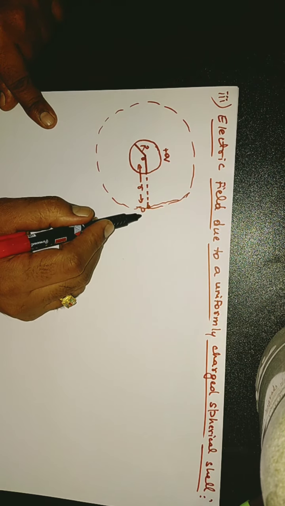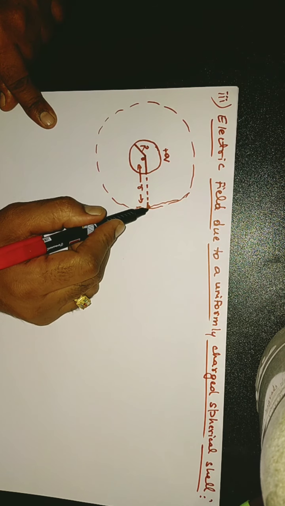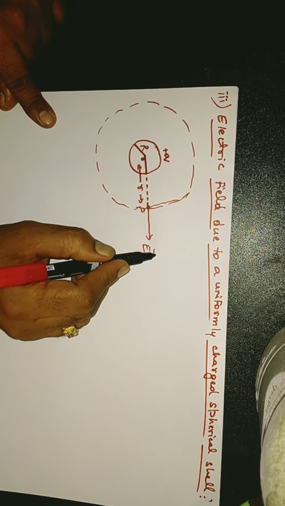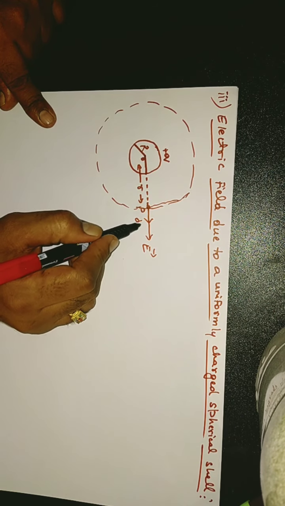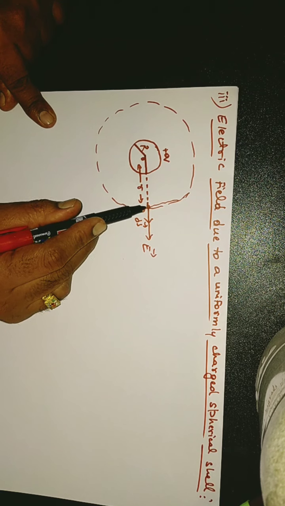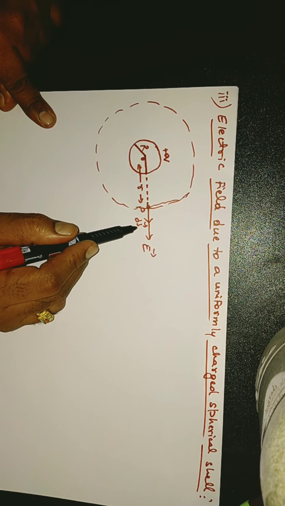The electric field at point P due to this charged spherical conductor would be along the normal to the surface. So, this is the direction of the normal to the Gaussian surface, and this is the direction of the electric field. That means theta between the electric field and the normal to the surface is 0.